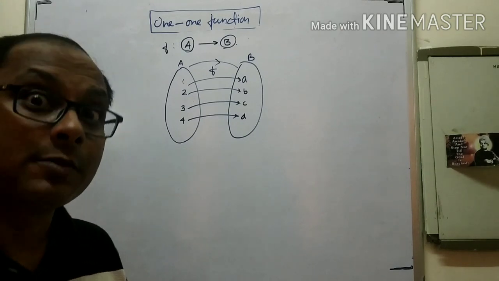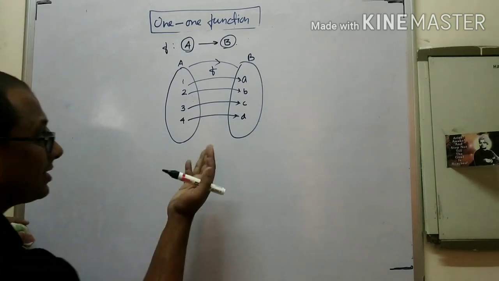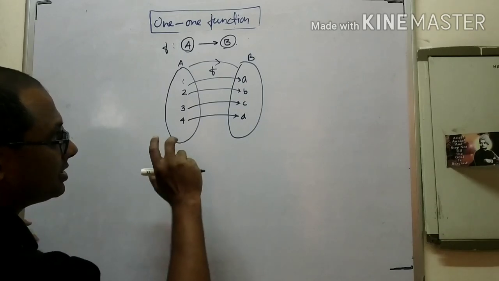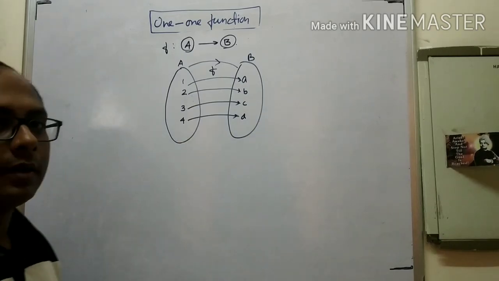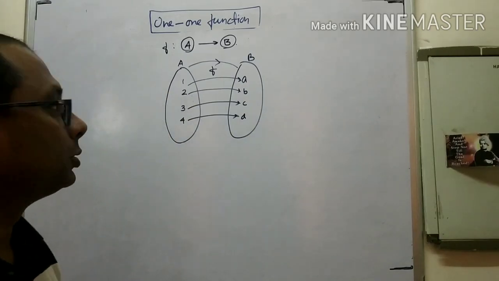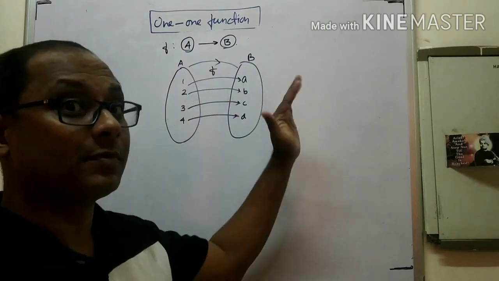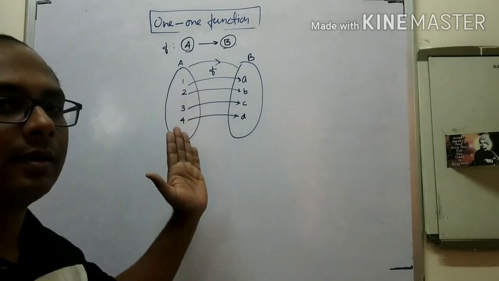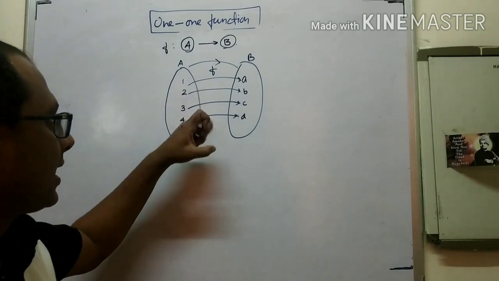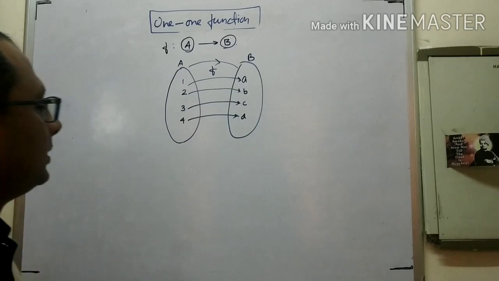If it is 1-1, we have to prove it. So let us discuss how that concept of proving will come, because in order to prove, we have to show that every member in the codomain is the image of a different member of the domain. Okay, so let us derive one technique from here.